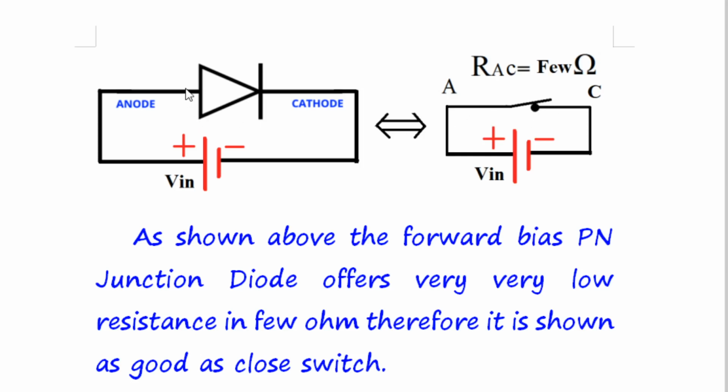Remember, for 1 volt also it is a closed switch, for 2 volt also, for 3 volt also. But at 1 volt there is a resistance, at 2 volt there is a resistance, at 3 volt there is a resistance, and this forward resistance goes on decreasing as the applied voltage increases, because the diode is a semiconductor component. Therefore, this is a consideration only.